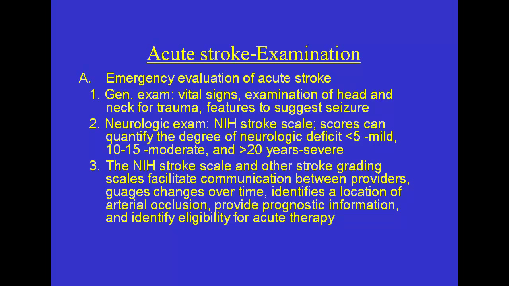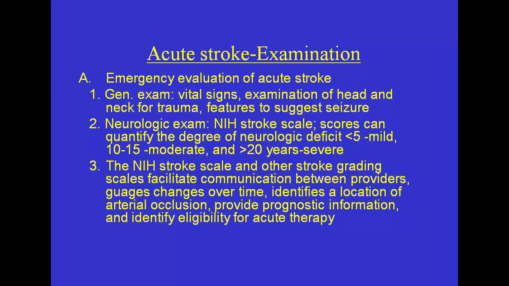So your physical exam should include the general exam, and you want to look at the head for signs of any trauma or any signs to suggest seizure. You'll do your NIH stroke scale, which you can see outlined. I'm not going to outline that for you here. Scores can quantify the degree of neurologic deficit, so less than 5 is mild, 10 to 15 is moderate, and greater than 20 is severe.